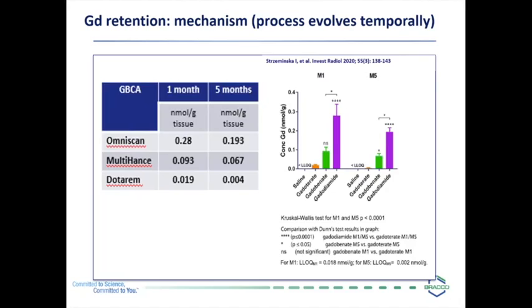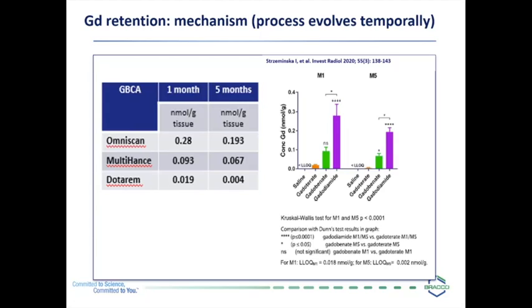The study by Strzeminska from Guerbet proved that a single injection of a clinically relevant dose of 3 GBCAs, including Omniscan, Multihance, and Dotarem, resulted in a significantly higher cerebellar concentration of gadolinium after administration of the least stable Omniscan at 1 and 5 months than those observed for Multihance and Dotarem, proving that not all linear GBCAs are the same.